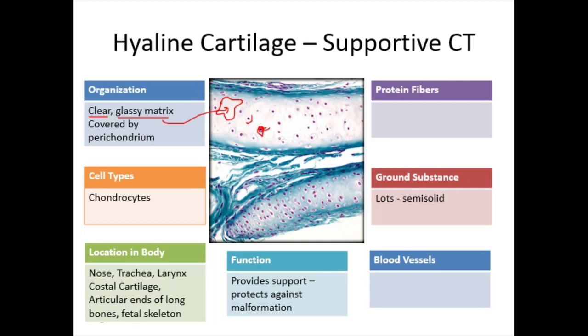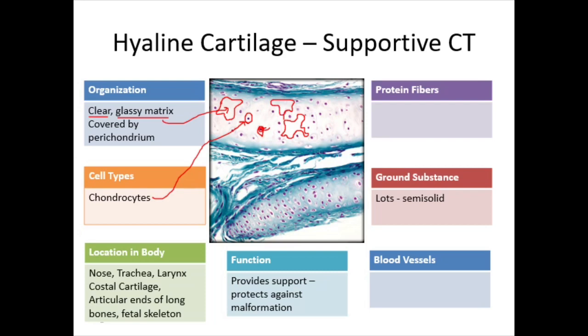Here it's actually stained quite blue, but most of the time it's purple, but depending on the stain, it can be pink. But you're going to have chondrocytes living in lacunae. There's going to be a lot of space in between, more so than the other types of cartilage.